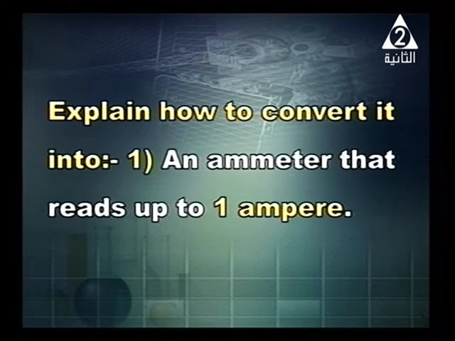Explain how to convert it into an ammeter that reads up to 1 ampere. 1 ampere is I. The maximum current read by the ammeter is I, so I equals 1 ampere.